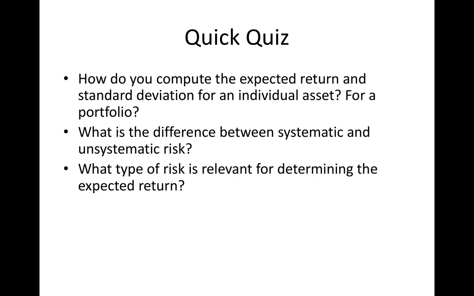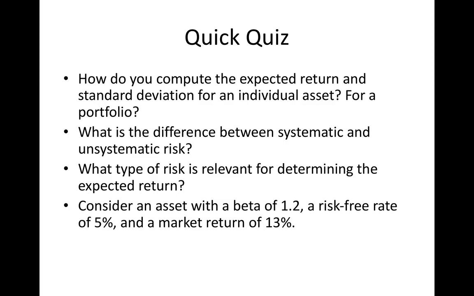You should also be able to tell which of those risks is relevant when you want to determine expected return. And then you should practice some more on assets with various measures of beta, with different risk-free rates and market returns, and compute the expected return on those assets.